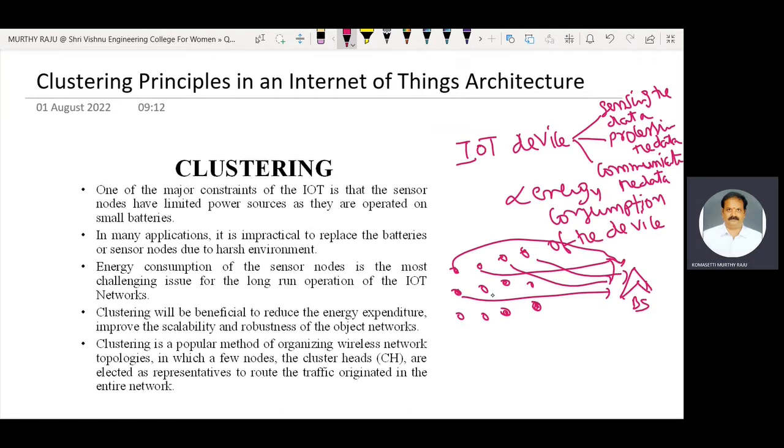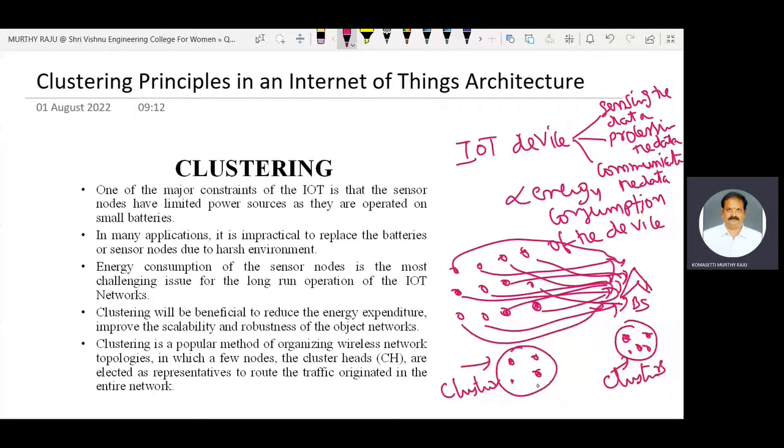In one area of the city, dividing the IoT devices into groups is called forming clusters. Here 4 IoT sensor nodes are there, and a 5th one is also there. This one is the cluster head. These devices select one cluster head.